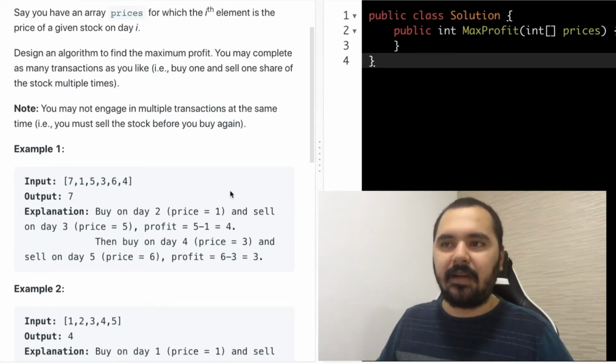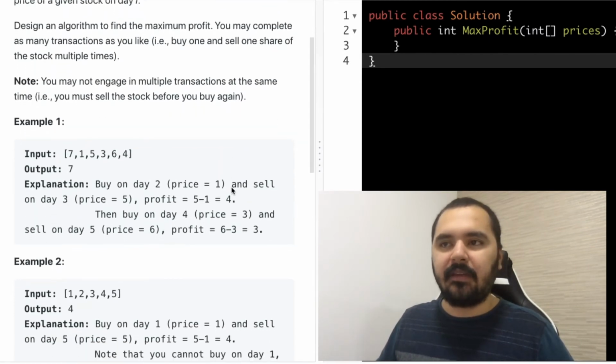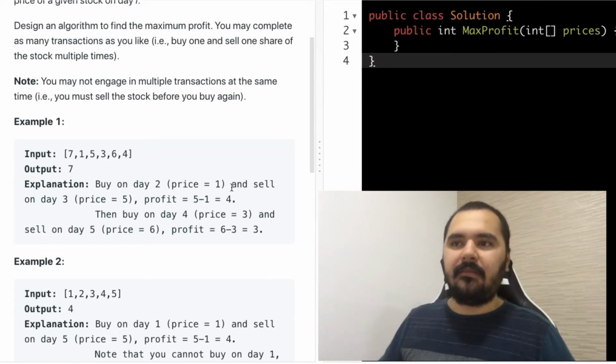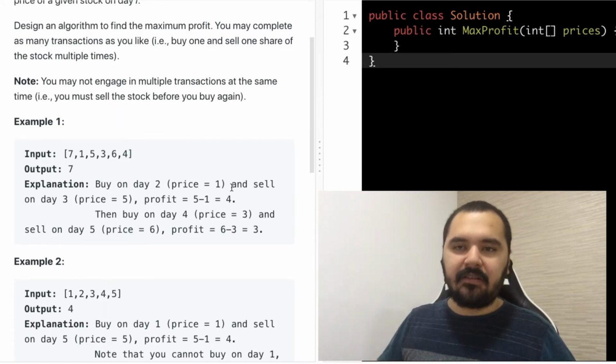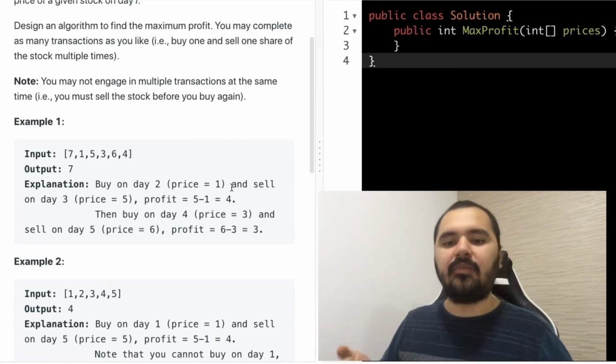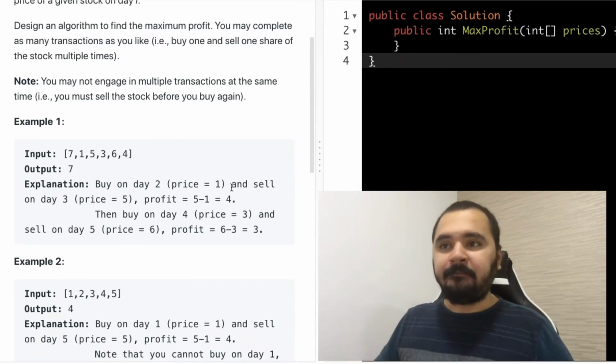And as we can do this, it's like we are not being holders, we are being traders. I can buy a stock today and sell the stock tomorrow and get some profit here.